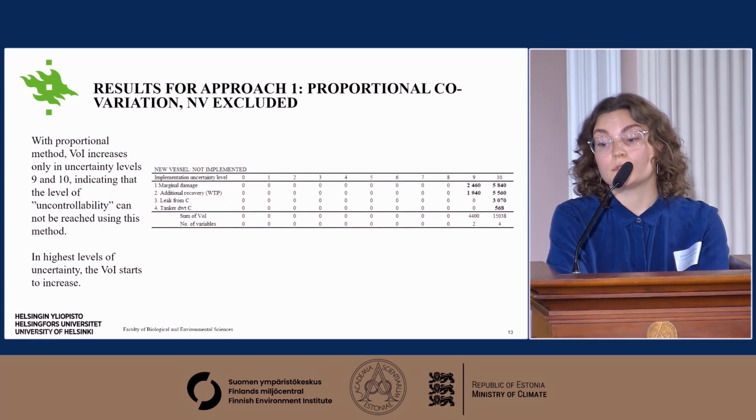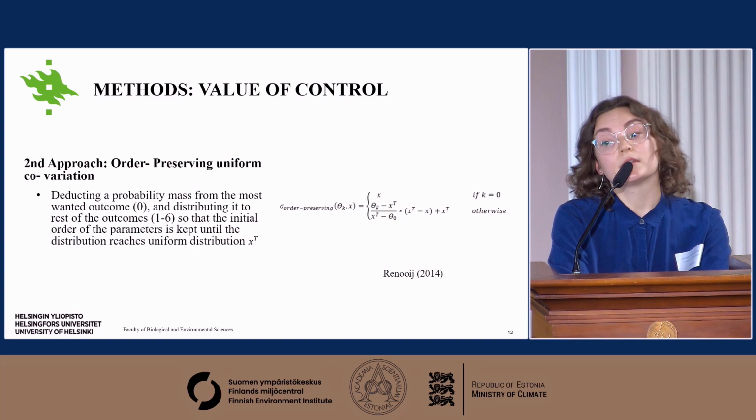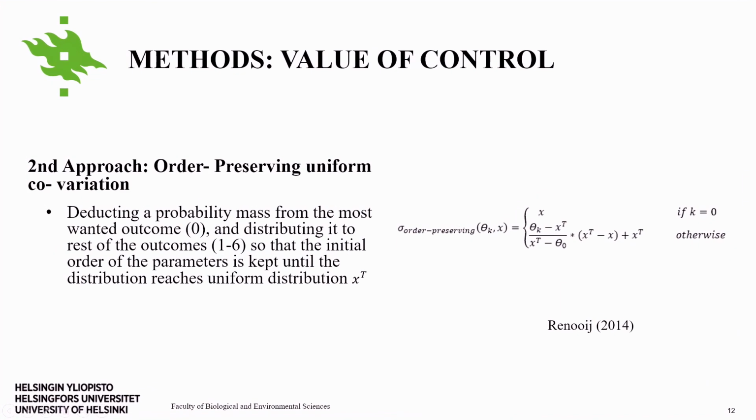So for the results, or maybe I explain first: the results are conducted for each level of uncertainty, which are numbers 0 to 10, 0 being no added uncertainty and 10 being the maximum uncertainty.